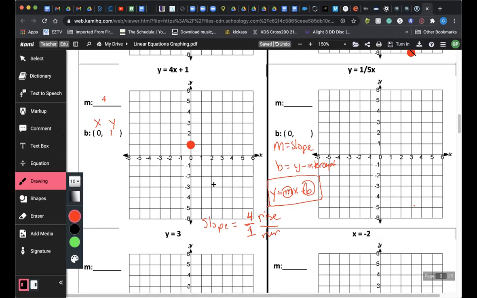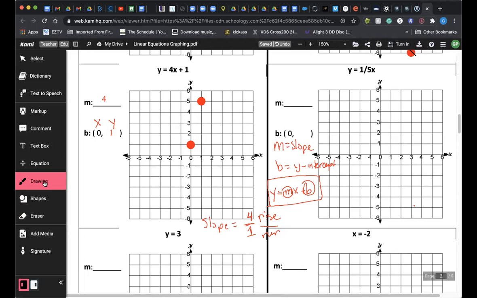Okay, in order to make my next point, I have to use my slope. My slope is 4 over 1. So that means I'm going to go up by 4, 1, 2, 3, 4, and then to the right by 1. And that's where my next point goes. 2 points is enough to make a line.